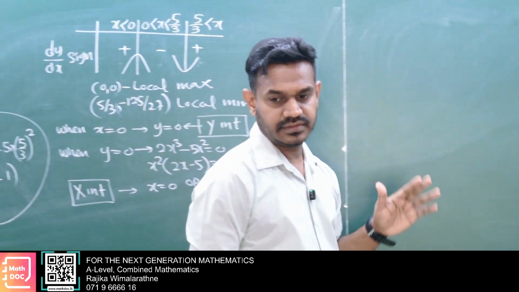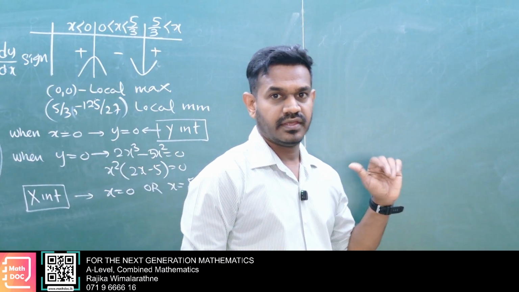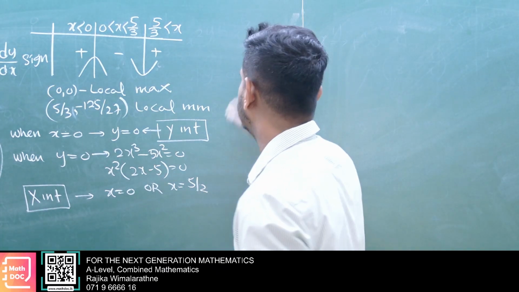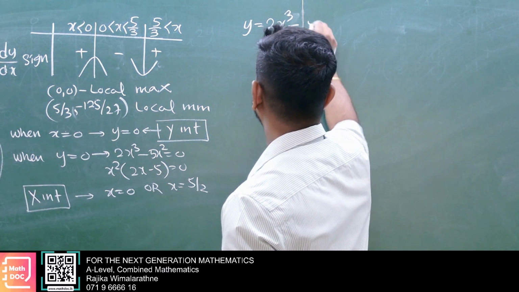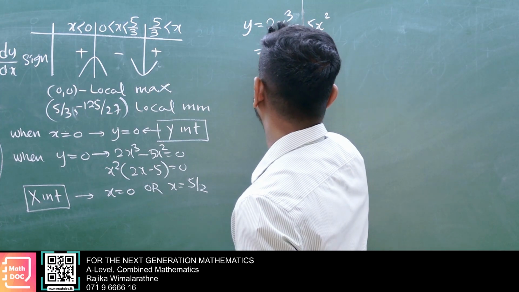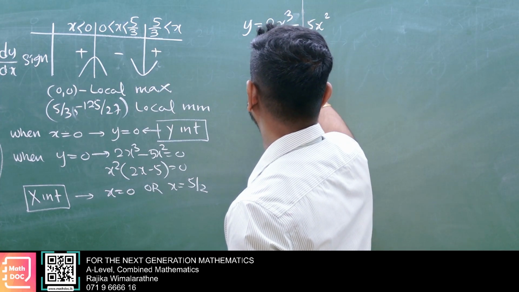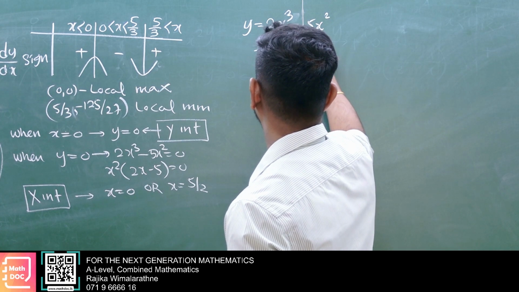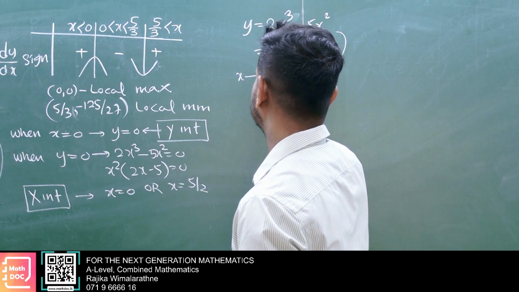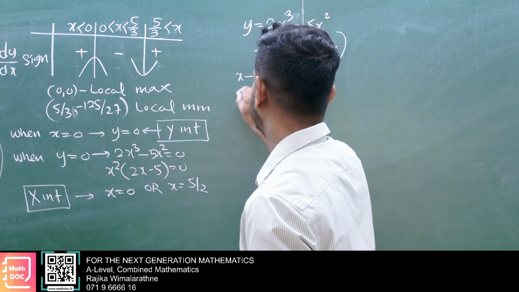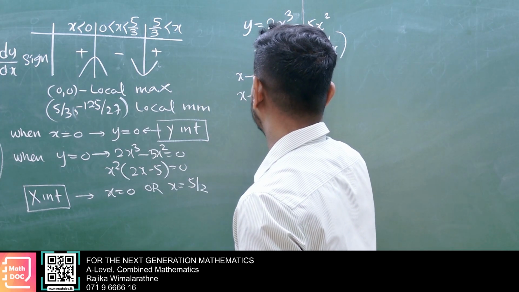Then you take the function and take the maximum power term outside. Do alone. Y equals 2x cubed minus 5x squared. Take the maximum power x cubed outside: x cubed times 2 minus 5 over x. Then only we can analyze the terminal tendencies as x goes to plus infinity and minus infinity.